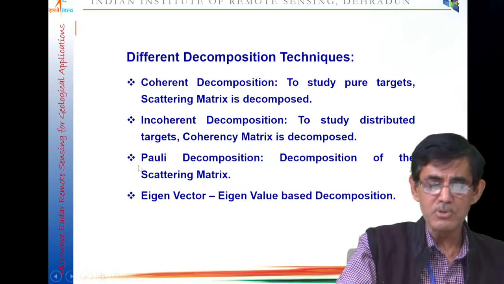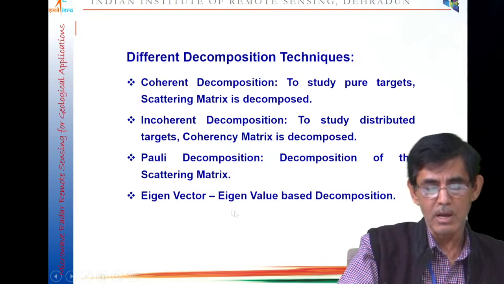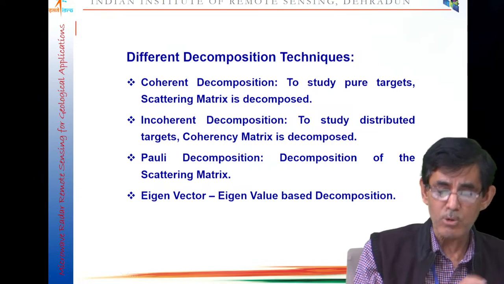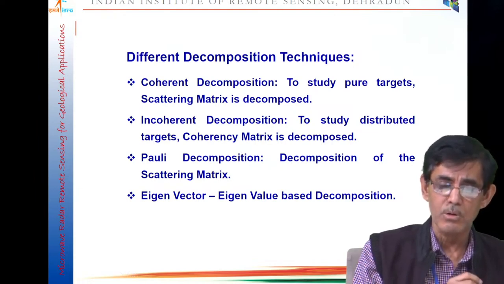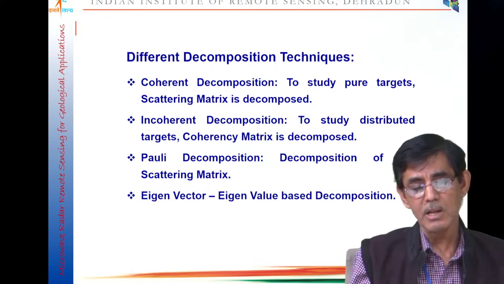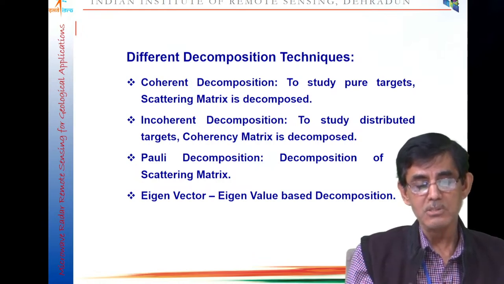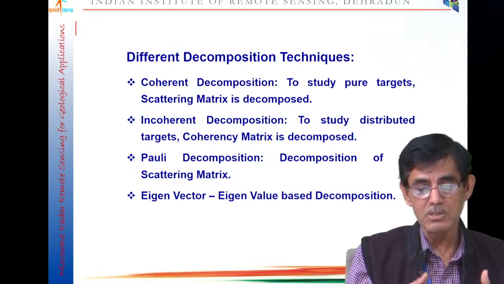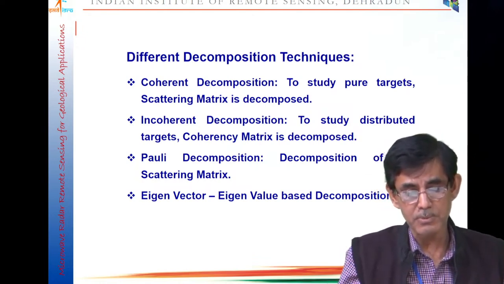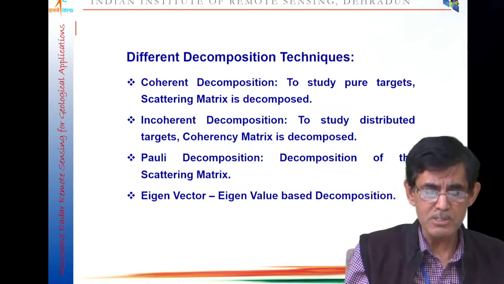For such distributed targets there is incoherent decomposition, and there are other decompositions like Pauli decomposition, and eigenvector and eigenvalue based decomposition. I am not going into the details at this moment. So these are the possibilities before you. You can decompose a polarimetric SAR return signal into different components, where you will be able to understand how much scattering is taking place from the surface, how much from the subsurface, what the feature geometry is, and what the feature geophysical properties are.